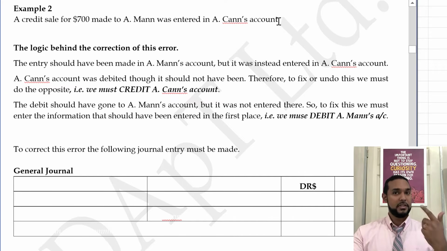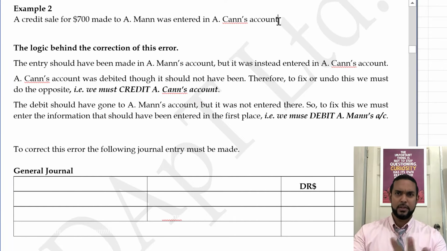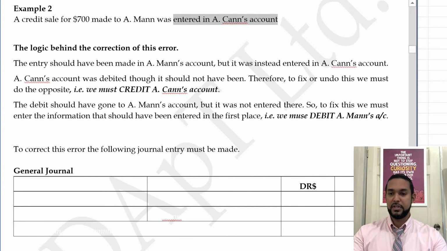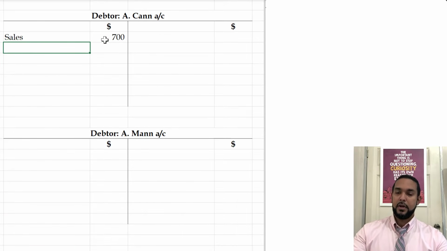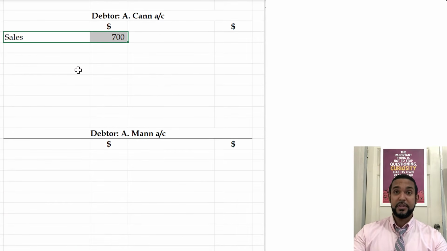So you are expected to know that. If you don't, you need to practice a little more, but we'll get some practice in here, don't worry about it. So instead of debiting Man, we debited Can. Right now there's a debit in Can's account that shouldn't be there. So how do we remove that? Well, we don't actually go and cross it out or delete it or white it out.